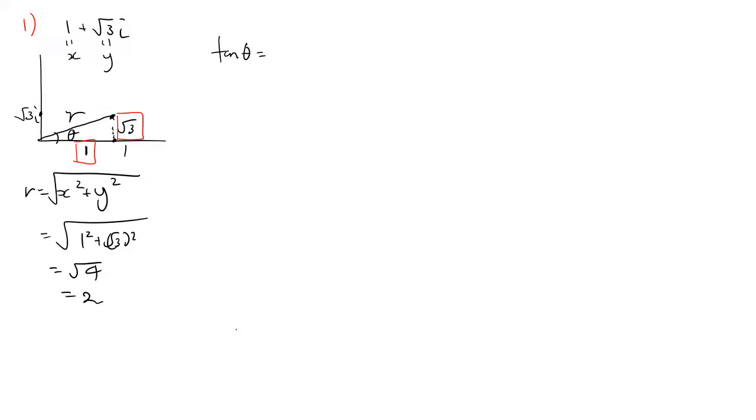Tan theta is equal to the square root of 3 over 1, that's equal to the square root of 3. Now you should know exact values by now, and tan of pi over 3 is square root of 3, so theta should equal pi on 3.